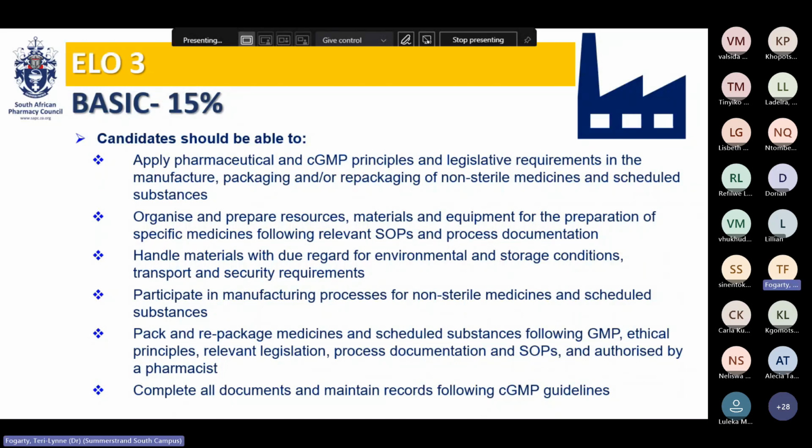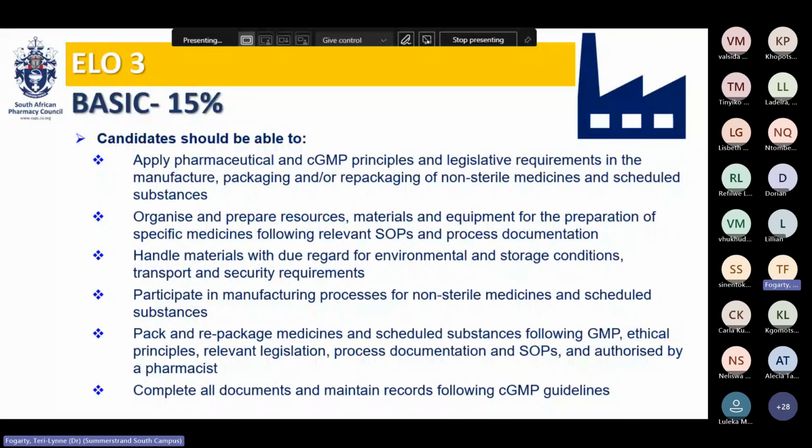So applying good manufacturing principles and legislative requirements in manufacture, packaging, and repackaging of non-sterile medicines, organizing and preparing resources, materials, and equipment for the preparation of specific medicines, following relevant SOPs and process documentation, handling materials, considering the environment and storage conditions, as well as transport and security requirements, participating in manufacturing processes and packaging processes.